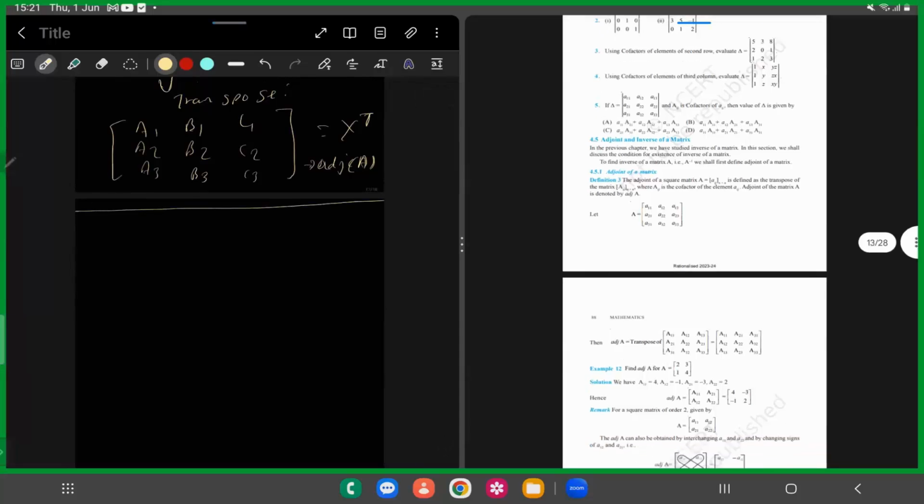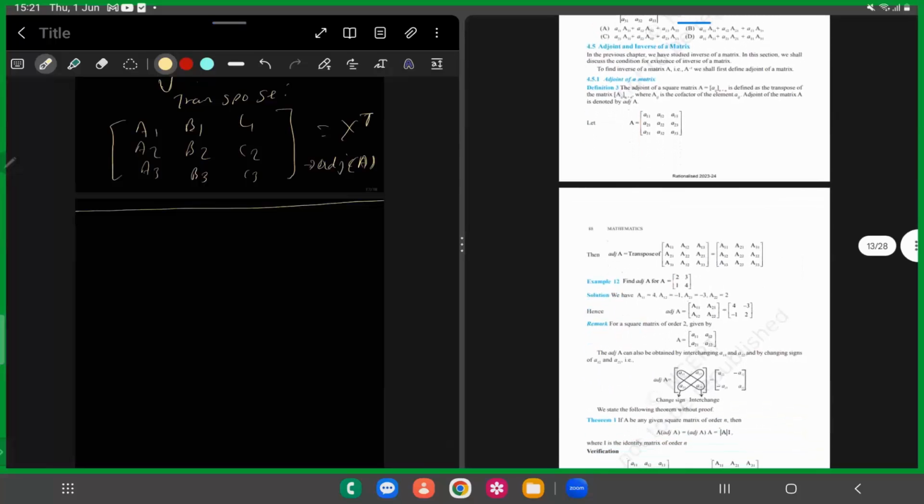If you see examples like 2, 3, 1, 4 and so on, we can first form the cofactor matrix, and taking the transpose of the cofactor matrix will give us our adjoint matrix.